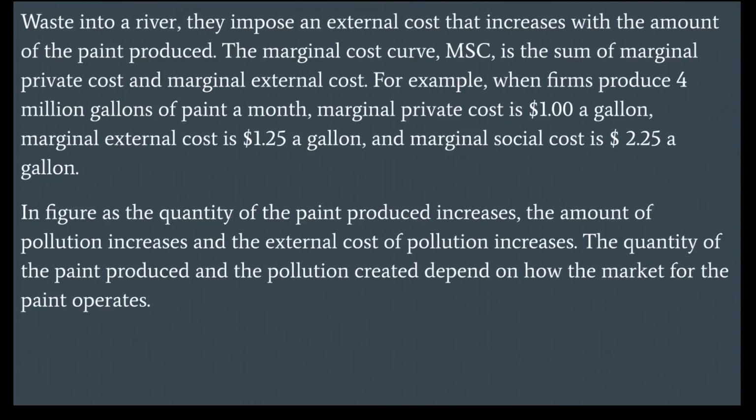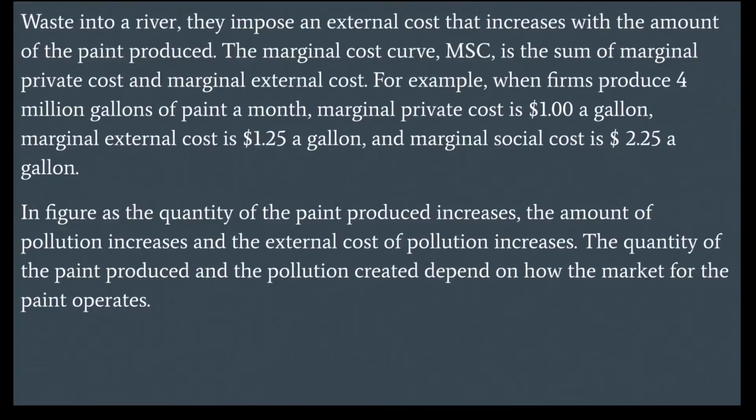The marginal cost curve MSC is the sum of marginal private cost and marginal external cost. For example, when the firm produces 4 million gallons of paint a month, marginal private cost is $1 a gallon, marginal external cost is $1.25 a gallon, and marginal social cost is $2.25 a gallon.